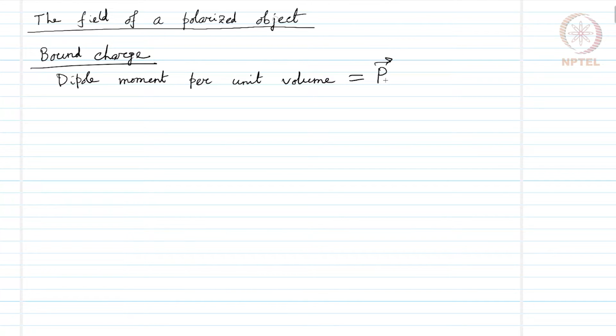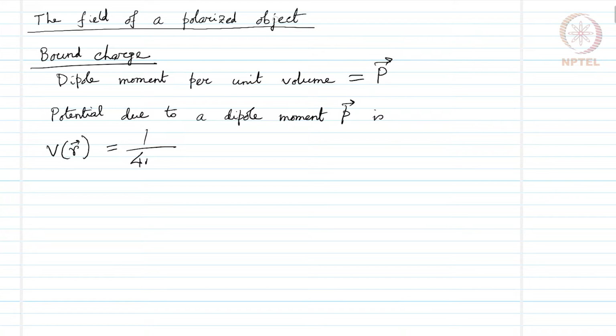And the potential due to a dipole moment small p can be written as V(r) equals 1 over 4 pi epsilon naught, p dot r cap over r squared.